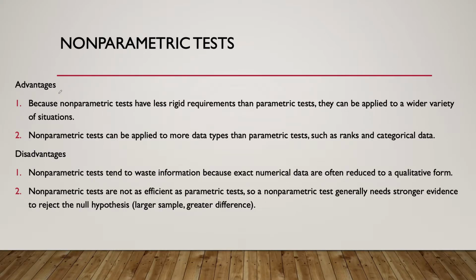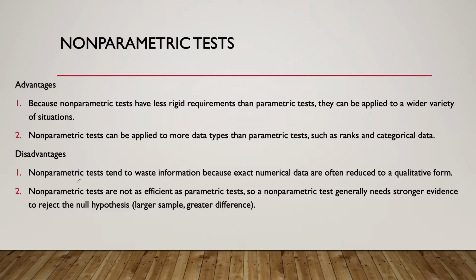The advantage to a nonparametric test is that nonparametric tests have less rigid requirements than parametric tests. They can be applied to a wider variety of situations, and can be applied to more data types than parametric tests, such as ranks and categorical data.